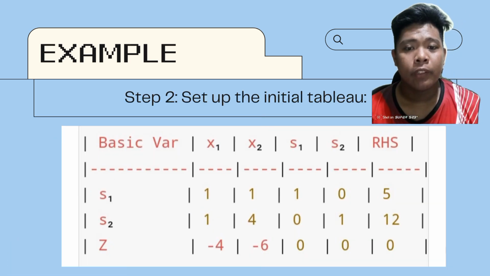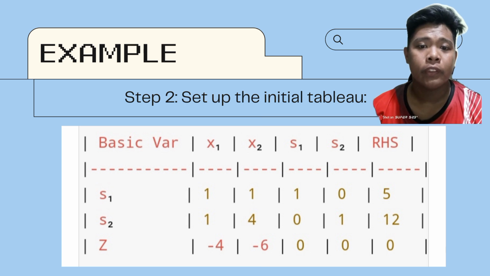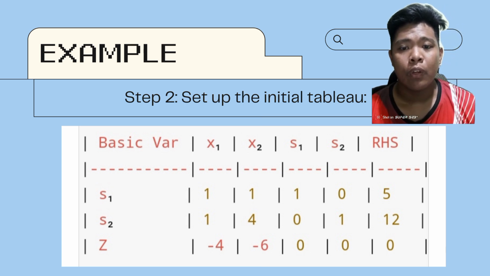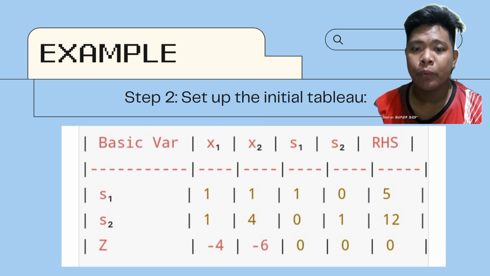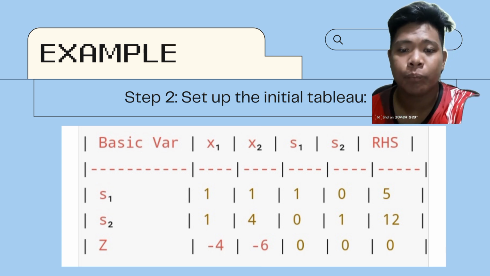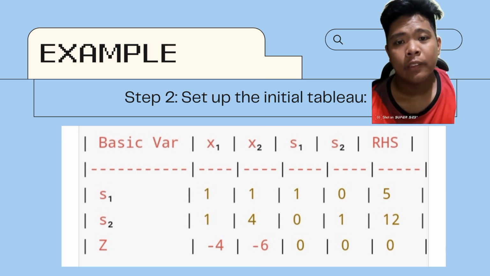So, row 1 natin is corresponding to s sub 1. This row directly came from the first constraint equation. Ito yung x sub 1 plus x sub 2 plus s sub 1 is equal to 5. So, dito naman sa row 2 natin, corresponding to s sub 2.